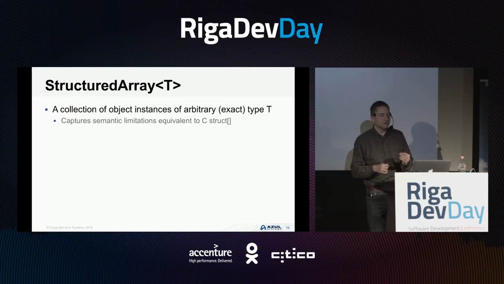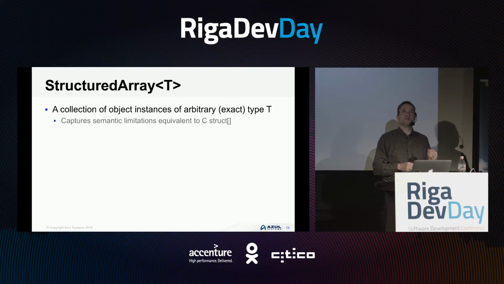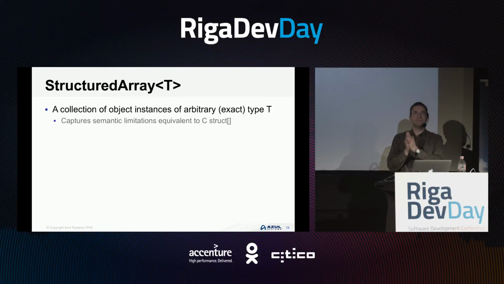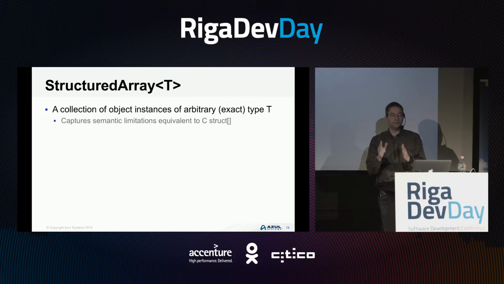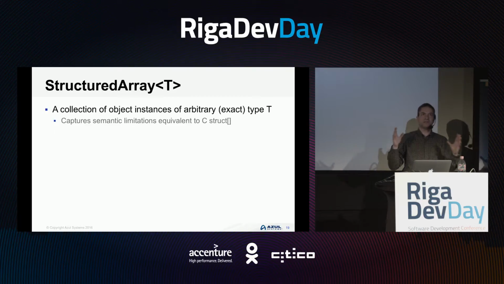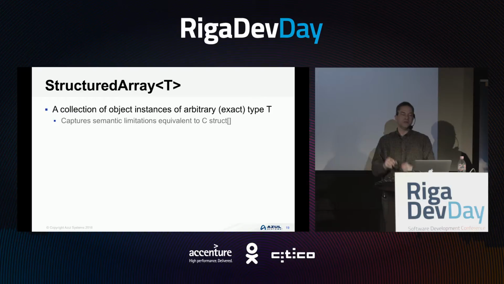That means that you can't have subclasses. It has to be all the same type of object. No subclasses of subclasses or anything. It's the exact same type. So that captures exactly what happens with an array of structs in C, because remember, you have to have the same struct in your array.